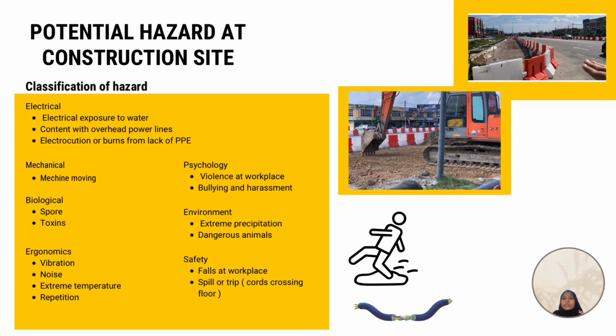Ecology hazard, such as violence at the workplace, bullying and harassment. Environment hazard, there are 2, which are extreme precipitation and dangerous animals. The last one is safety hazard, for example, falls at the workplace and spills or trips because of cords crossing the floor.